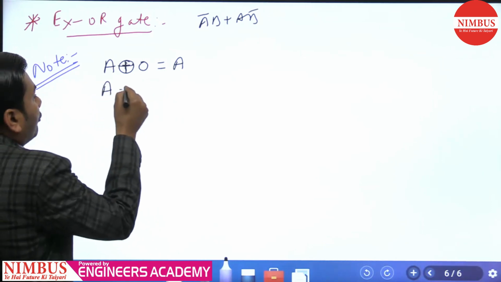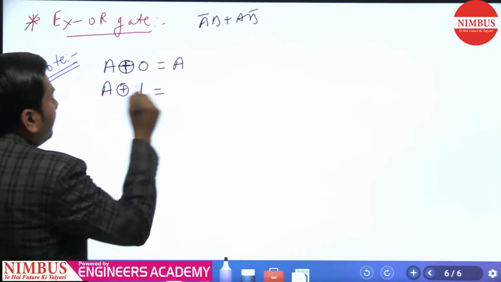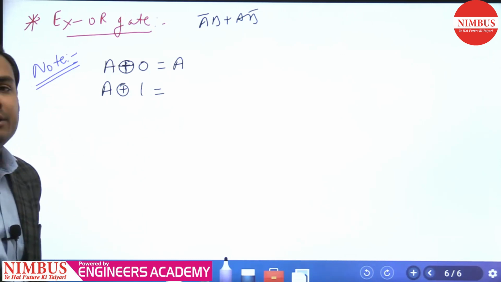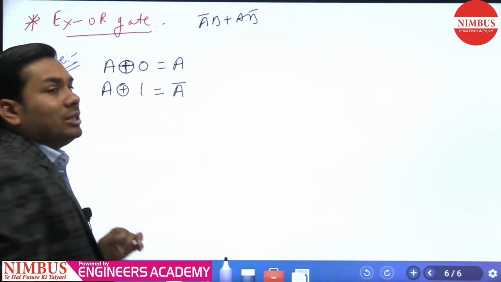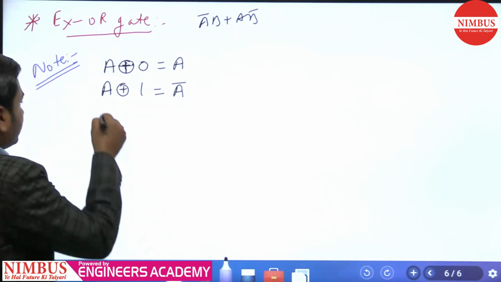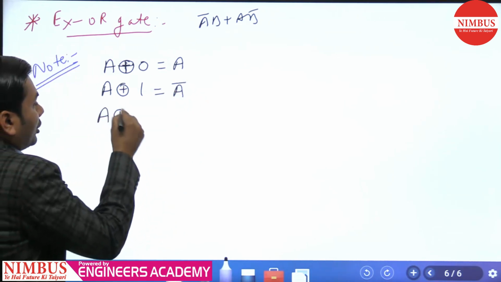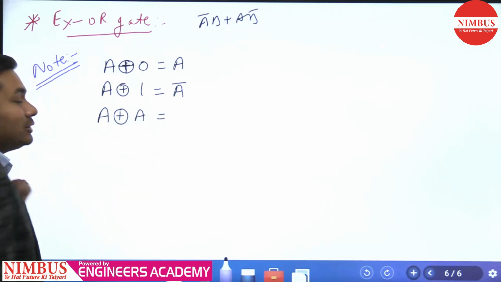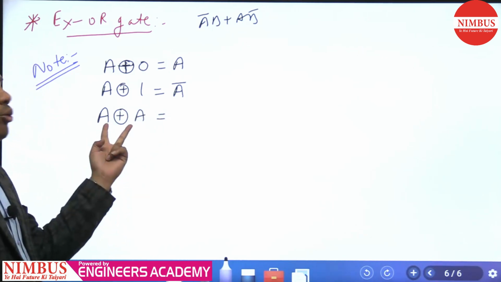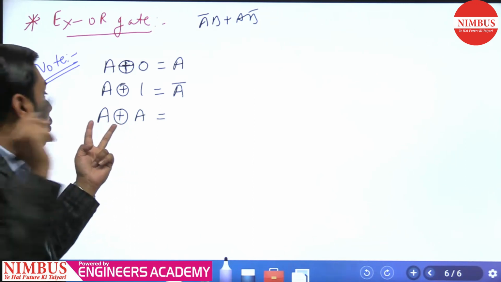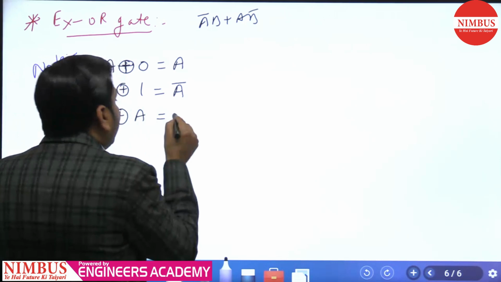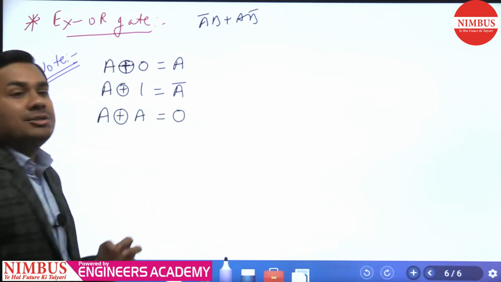If we are talking about A XOR 1, that is A bar. If we are talking about A XOR A, both are the same input, and for the XOR gate if we have the same input then the output will be 0.